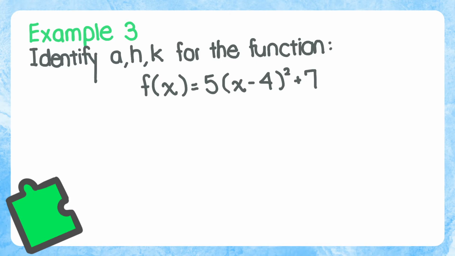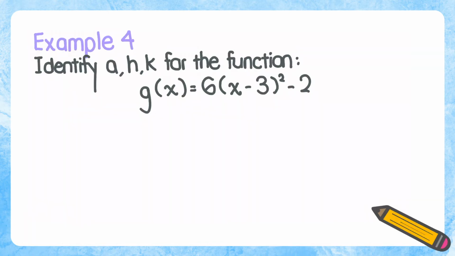On Edpuzzle, please identify a, h, and k for this function. f of x equals 5 times x minus 4 quantity squared plus 7.